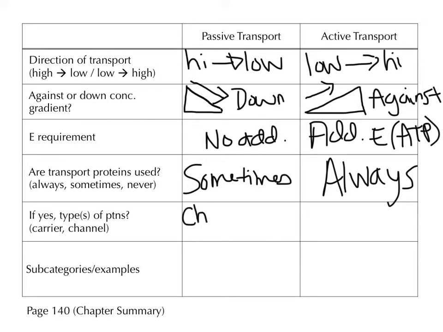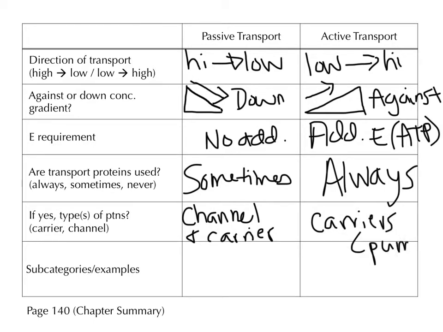So channel proteins and carrier proteins can be involved in passive transport, facilitated diffusion. In active transport, it's only carriers, which we sometimes call pumps. It can't be channels, because channels are just corridors through which solutes pass, so that can't go against the gradient because it's just flowing.